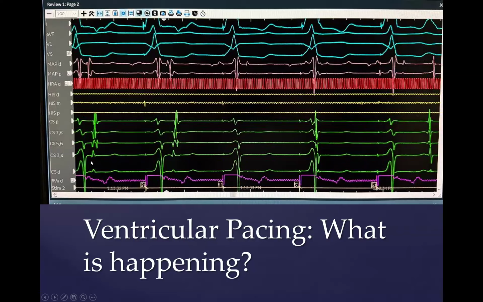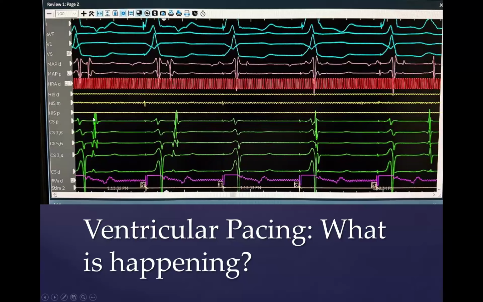Okay. So what happens as we go from the left side of the screen to the right? After the first two beats, I think the V waves, the ventricular, we lose the A waves. So you're saying that there's no A following this V. Yeah.